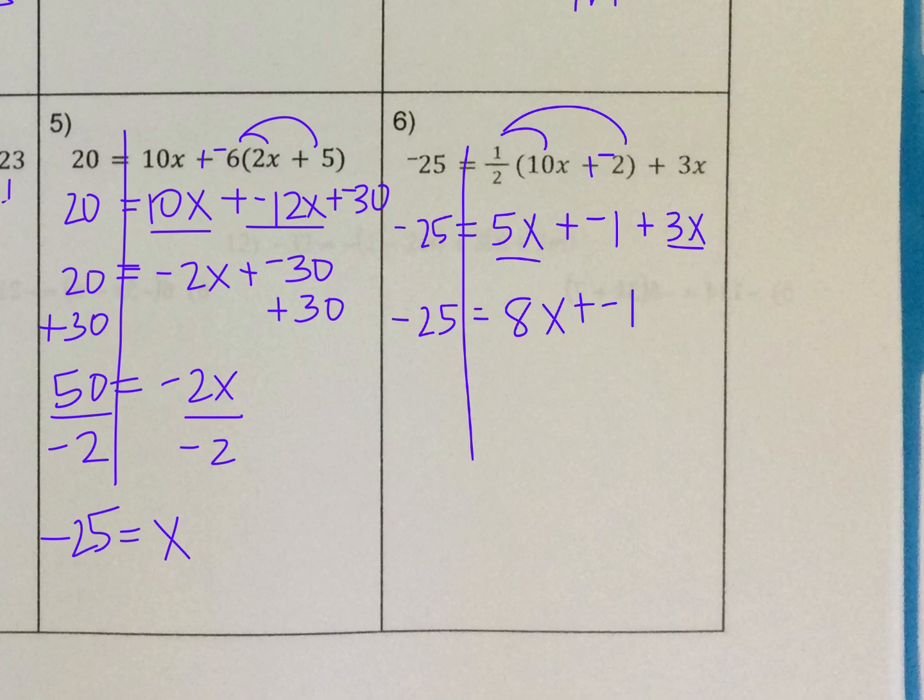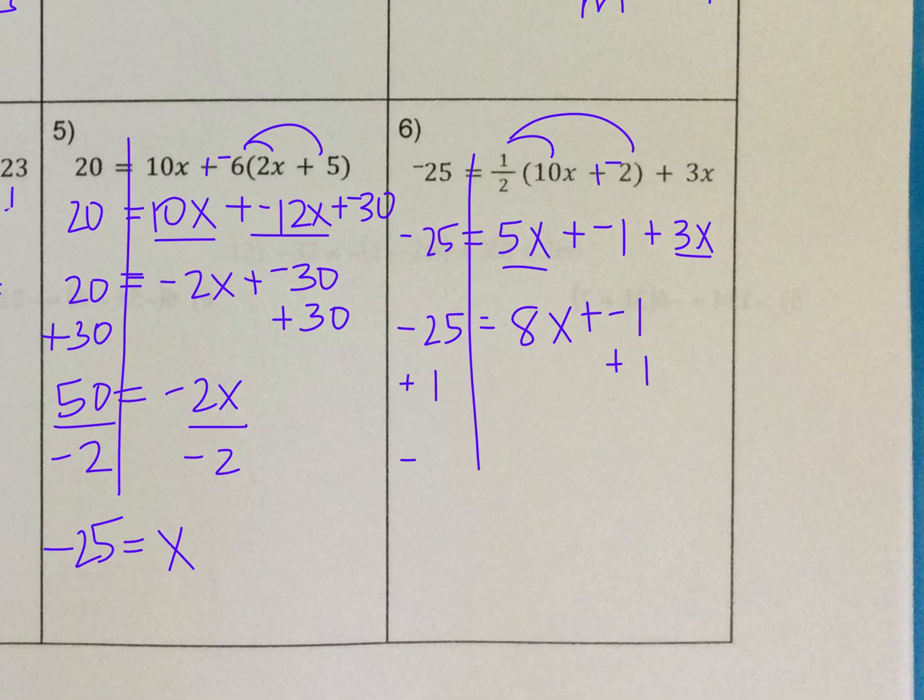Eight x plus negative 1. I'm going to add 1. That gets me negative 24 equals 8x. Divide by 8. Negative 3 equals x. And we are done with these notes.